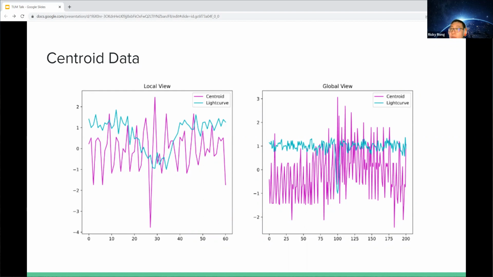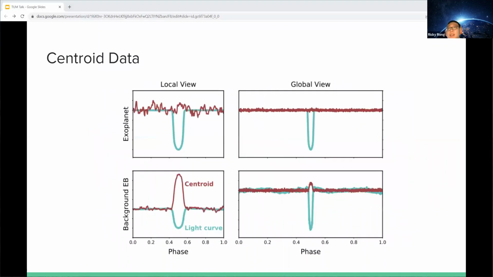And again, this is very useful for identifying eclipsing binaries, because of the knowledge initially shared by Dr. Ansdell: the centroid behaves differently between an exoplanet and an eclipsing binary.